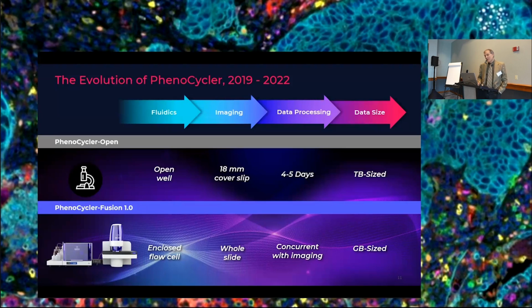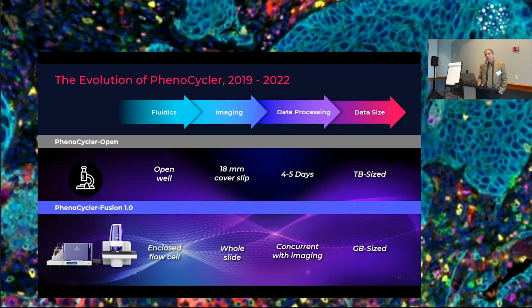And if you look at what happened as it went from the PhenoCycler 0, as I whimsically call it, to the Fusion 1.0, almost everything was stood on its head, and sometimes quite literally. Like the fluidics were delivered through an open well in the one case, and now they're in a flow cell on a slide. And actually the pump inside the fluidics instrument was turned upside down as part of that work, although that's for subtle reasons.